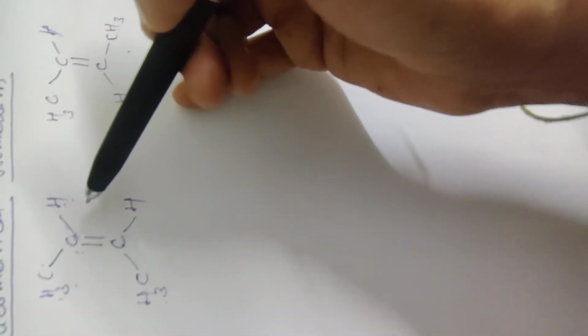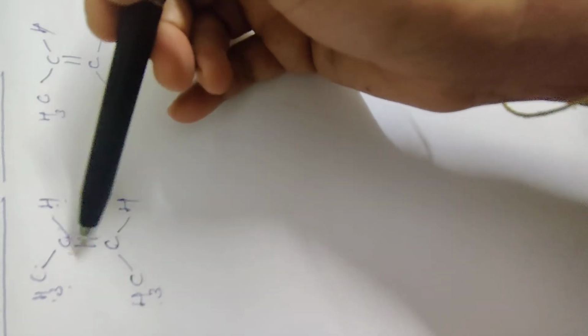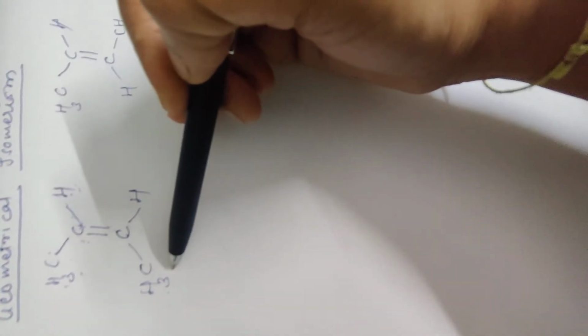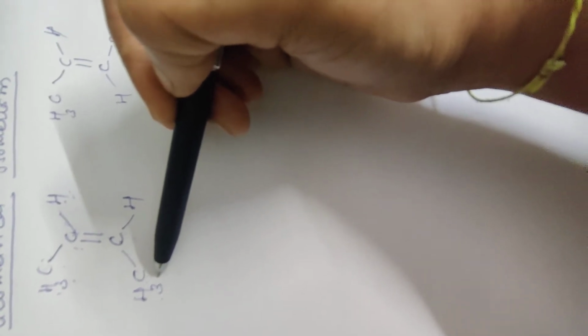Now according to the position of the atoms or groups attached to this doubly bonded carbon atom, when the similar groups are on the same side of the doubly bonded carbon atom, you can see here CH3 CH3 for the first compound, both the same groups are on the same side of the double bond, and H H, the same atoms, are present on the same side of the double bond.